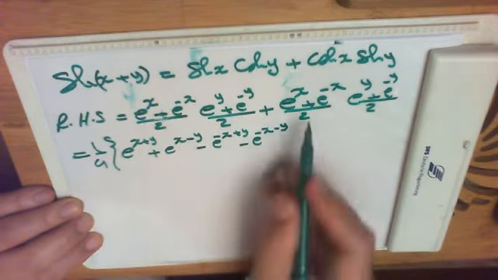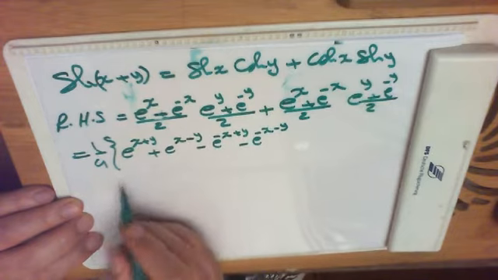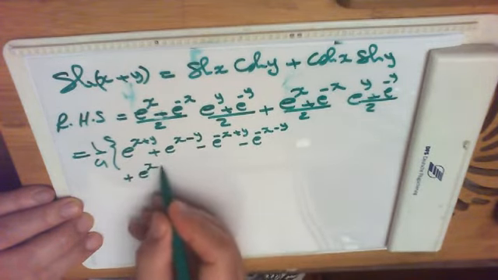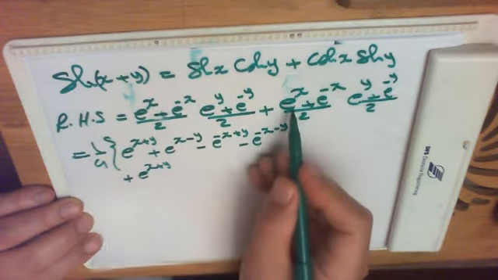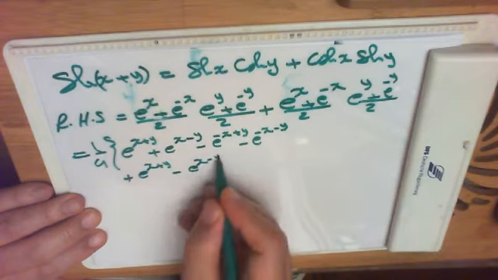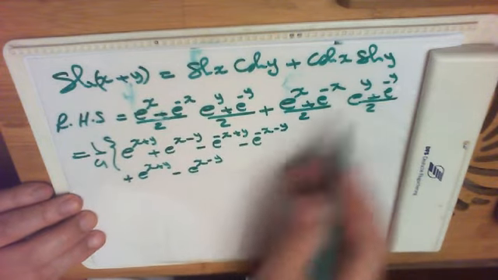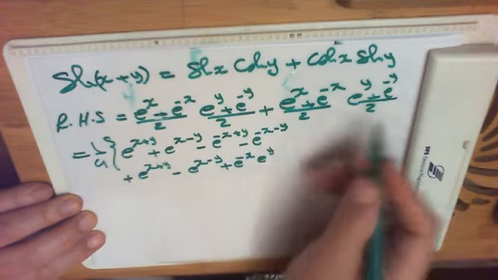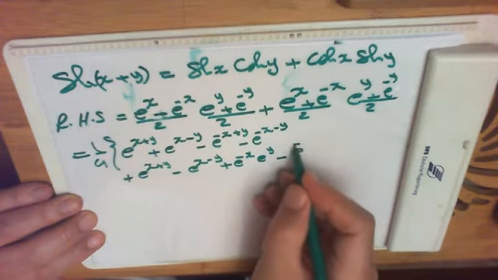Then for this quantity we have e to x plus y, e to x minus y, then e to minus x plus y, minus e to minus x minus y.